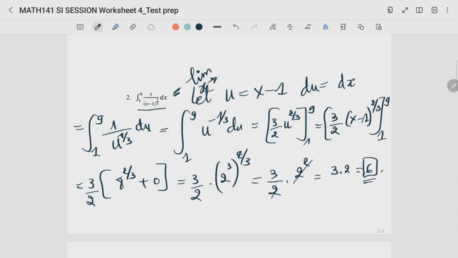Let's say you use a as a dummy variable, as a tends to 1, which is the problematic point: the integral from a to 9 of 1 over (x minus 1) to the 1 over 3 dx, just so you avoid a being equal to 1 in the denominator before you do the integration. So I think that's the proper way to do it.